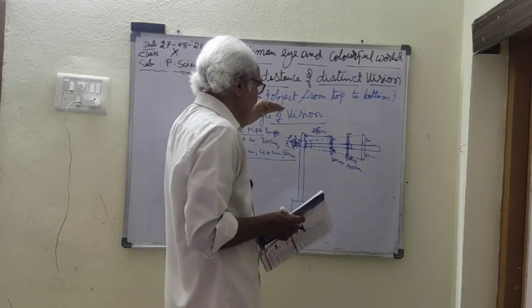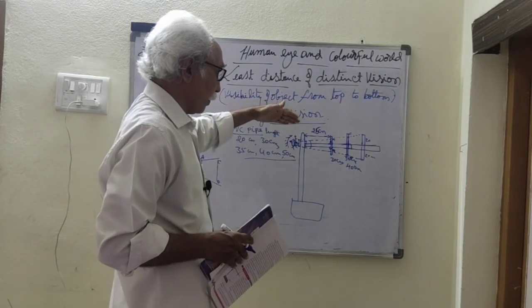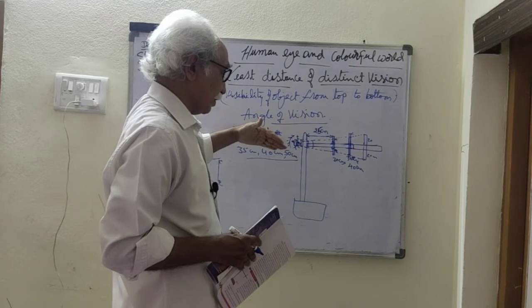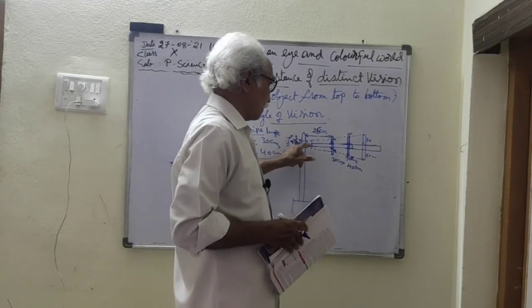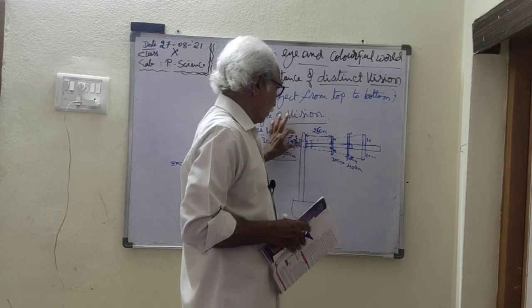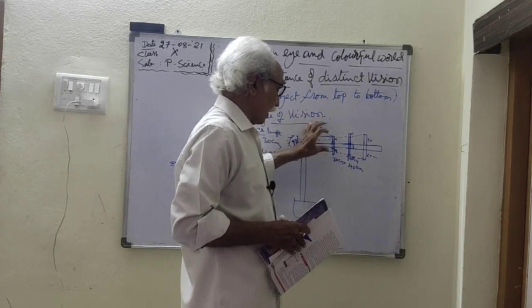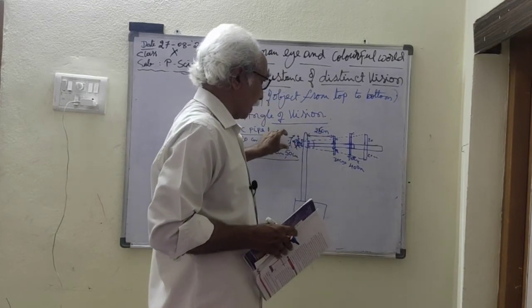The least distance of distinct vision is 25 centimeters. At that point we are able to see the letters in the book clearly and brightly. And the angle of vision means that at this distance, when we observe the object from top to bottom, the light from the top and the light from the bottom of the object enter into the eye.